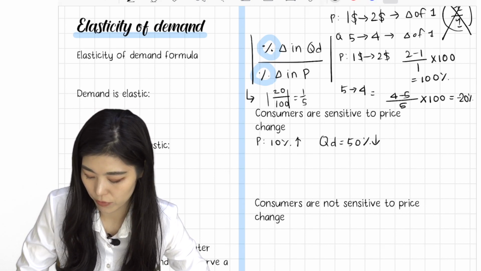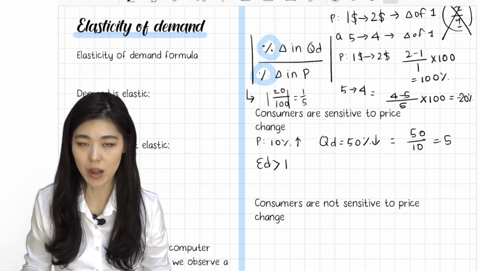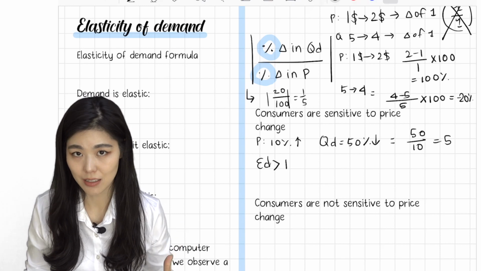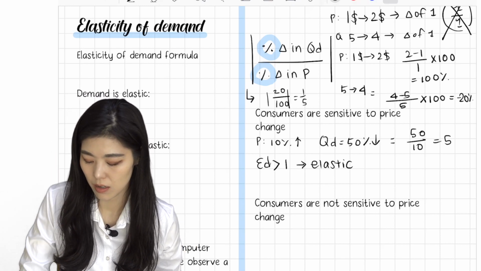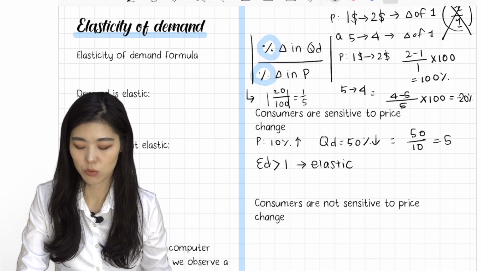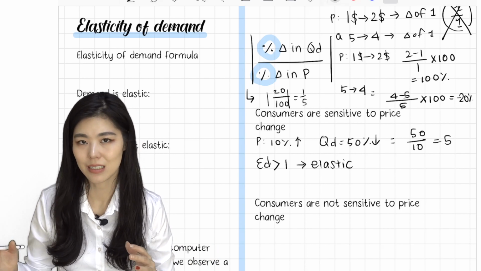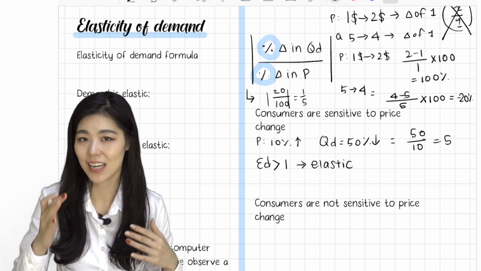That gives you 5. When elasticity of demand is higher than 1, it means demand is elastic, because the quantity demanded was very sensitive to a little bit of price change.